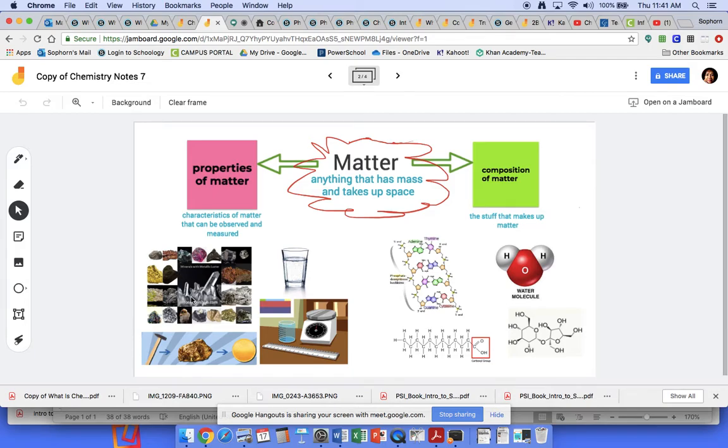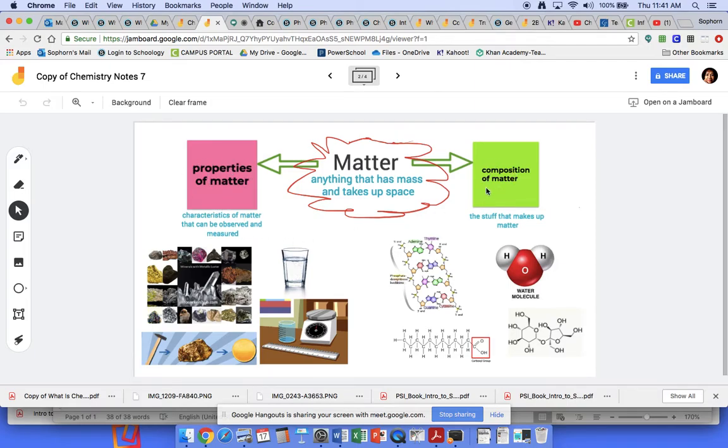You can hammer it and it went flat like this. You can measure it by finding its mass, how long it is, how short it is, how much space it takes up. So those are properties. Okay.